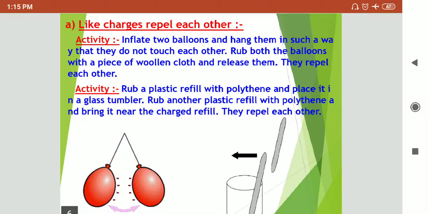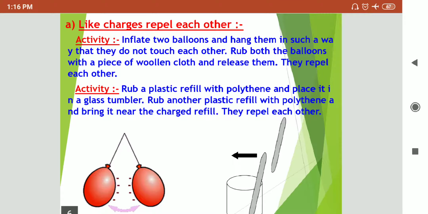So like charges repel each other and unlike attract each other. So children, let's do an activity first for repulsion, to see how similar charges repel each other. Here is an activity. We have taken two balloons. Inflate the balloons and hang them in such a way that they do not touch each other.